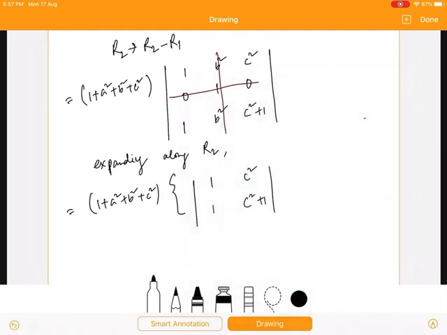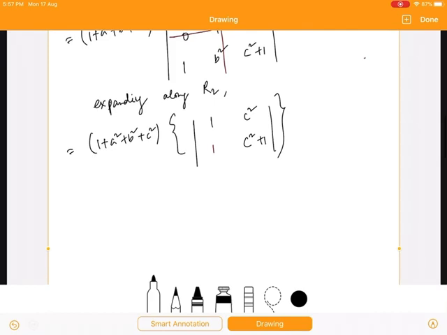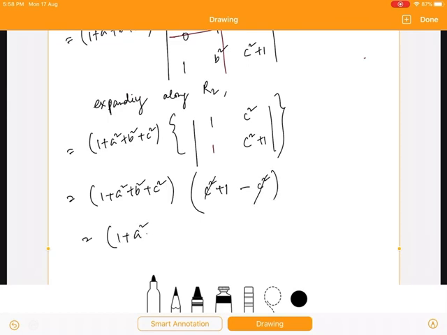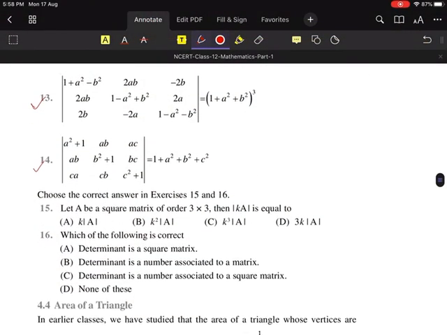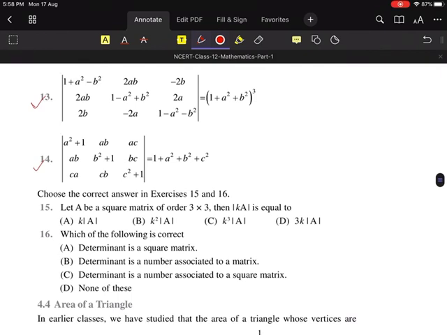So it will be C square plus 1. Now 1 into C square plus 1 is C square plus 1, minus C square into 1 is C square. So these cancel, and we get the answer as 1 plus A square plus B square plus C square. Clear? Yes, sir. So this exercise is over.